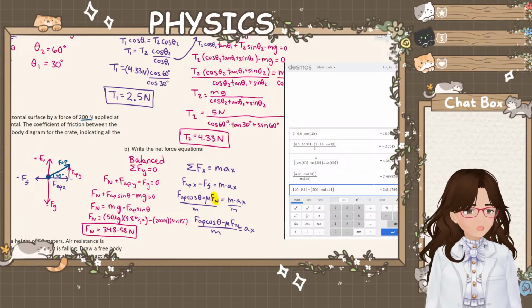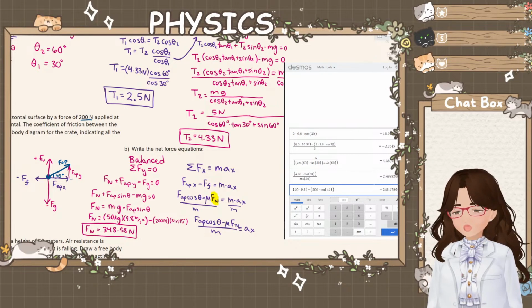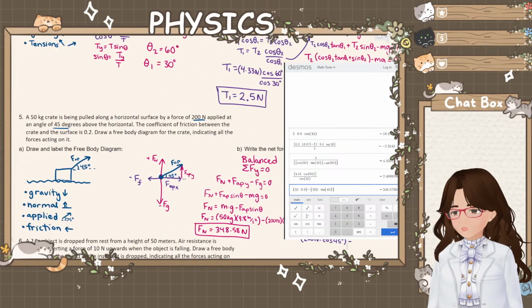So in this case here, I would go ahead and divide. So we're going to have 200 newtons times cosine of 45 degrees minus our coefficient of friction, which is 0.2, I believe. Yep.